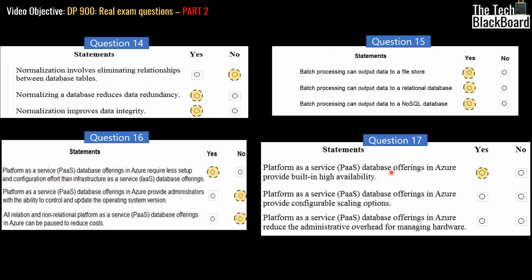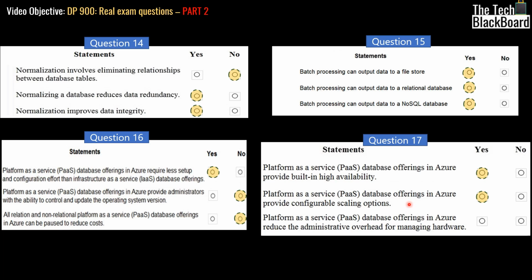The second statement says PaaS data offerings in Azure provide configurable scaling options. This is also yes, because PaaS offerings enable you to configure the scaling options. You already have some scalable options there, but you can go ahead and configure them to suit your need, right?